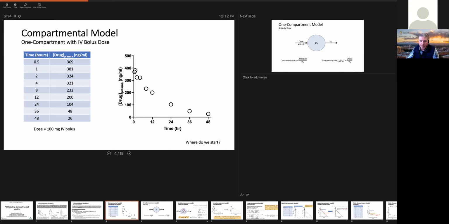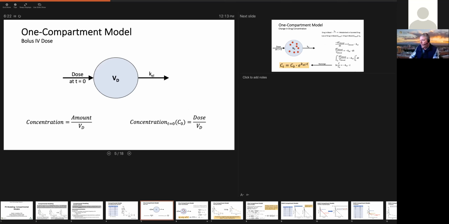And the thing you have to do is you have to try to fit it. Okay. And usually you'd start simplest and work up. And the simplest compartmental model is a one compartmental model, which basically treats the body as one well-mixed system. Now, that doesn't mean that the drug is at the same concentration everywhere in the body.